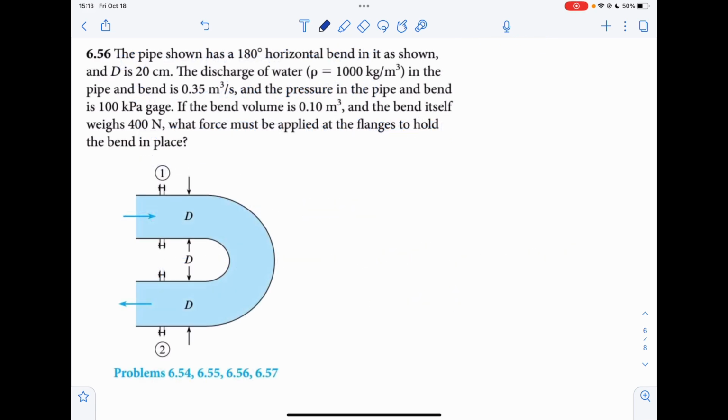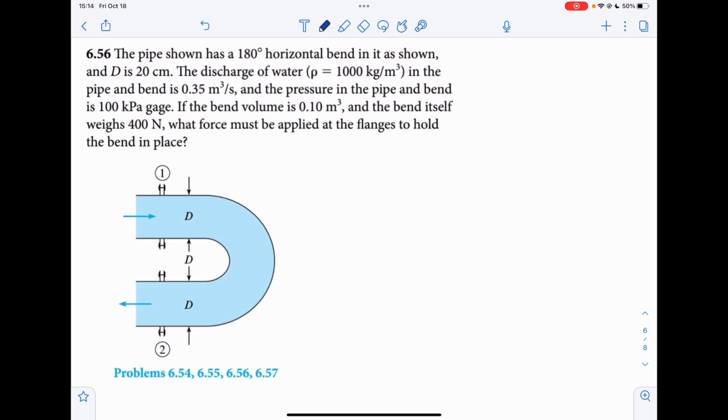Now let's look at 6.56. We have a pipe that has a 180 degree bend, and we have the diameter, which is 20 centimeters, and the rho of the water is given, and the Q is given as well.